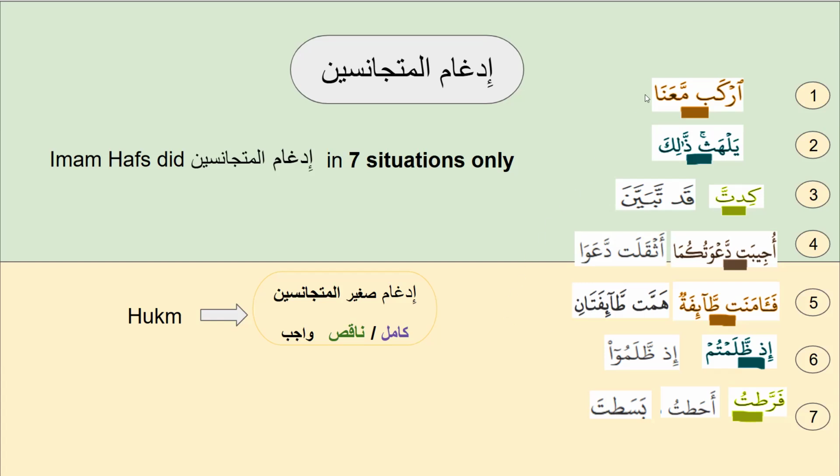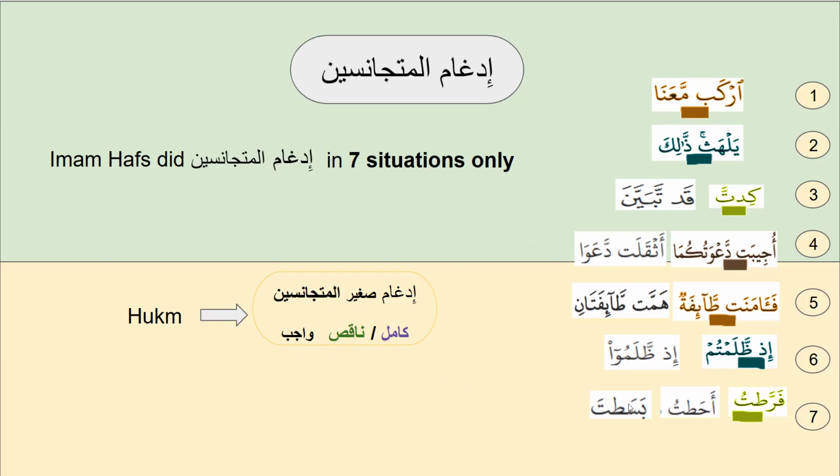So when we're saying the hukm of such idgham, it can be answered this way: this is an idgham saghir mutajanisain. If it's a complete merging, we say it's kamil wajib. If it's an incomplete merging, then we say naqis wajib.